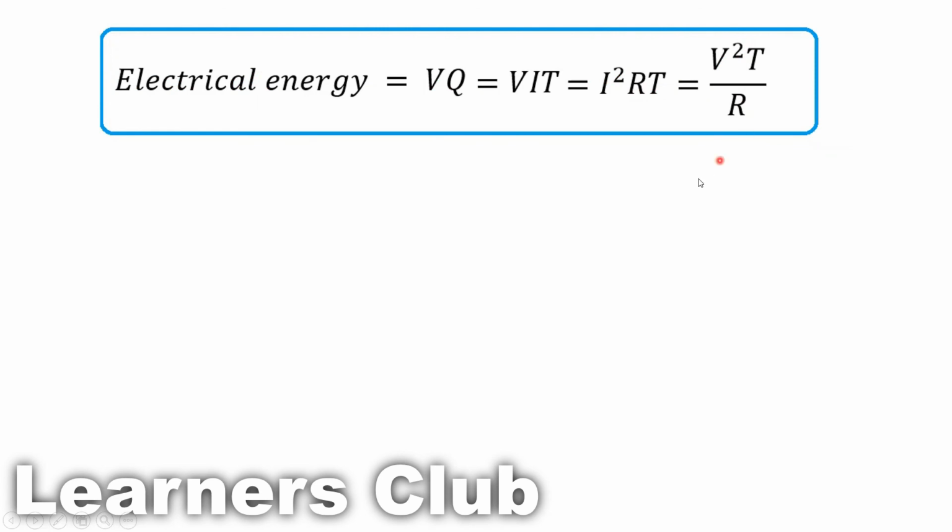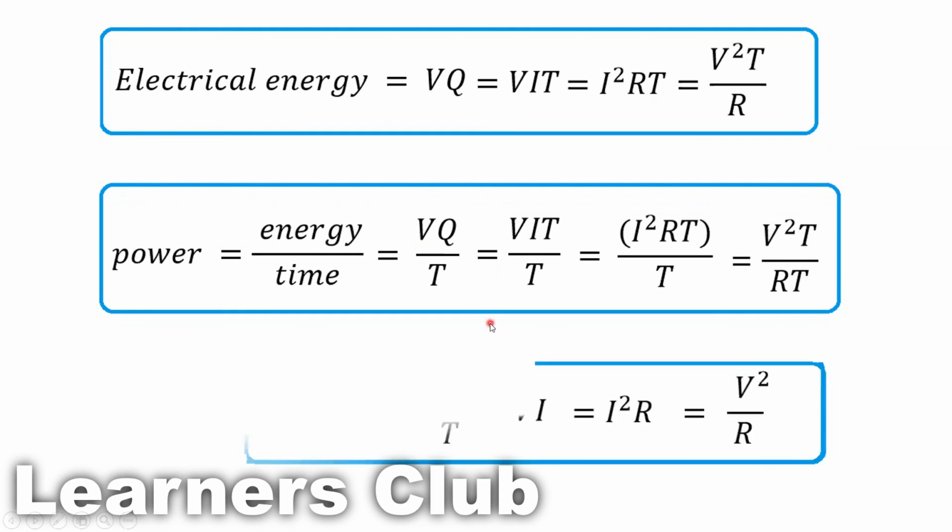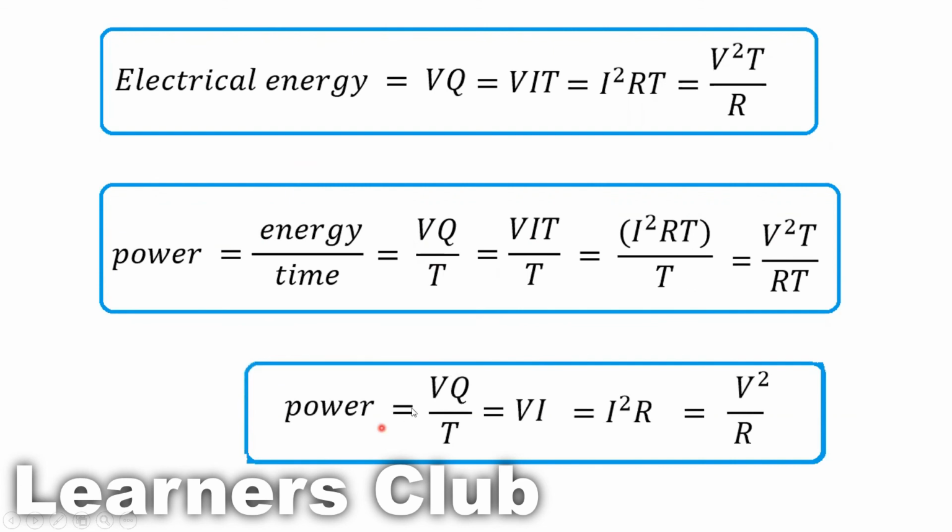Now that we know that power is energy over time, take this energy value and divide by time. When we simplify, we get the answer as power is equal to VQ over T, or VI.